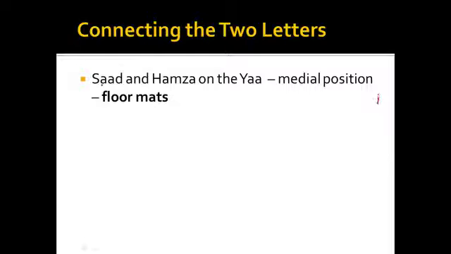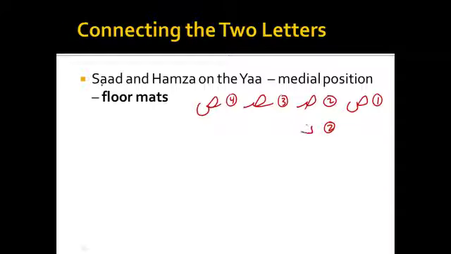For the Saad, we have independent position, initial position, medial position, and then final position. And then for the ya, we have initial position, medial position, and final position like this.